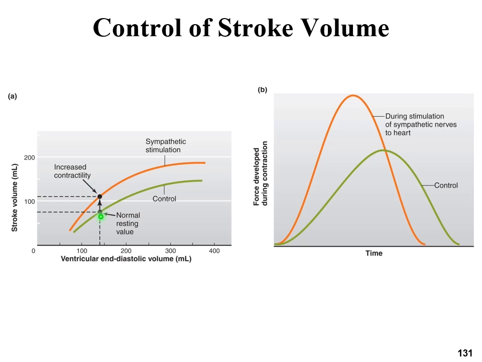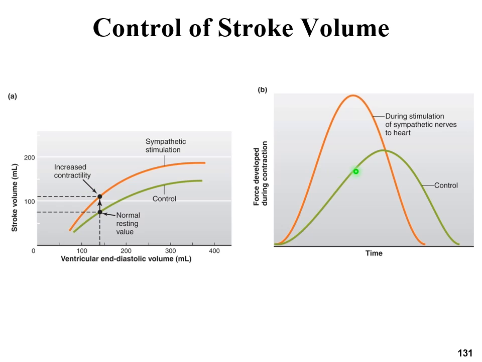That would shift the entire, again, end diastolic volume, stroke volume curve, right? It would shift that curve higher. So you have a higher stroke volume for any given end diastolic volume, right? So you're making the heart have a higher cardiac output for any given preload.